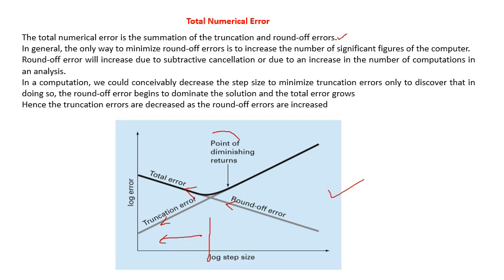So at a very small step size, you may have a very small truncation error but a very large round off error. Okay, and when you increase the step size, the round off error will go down, but at the same time the truncation error will increase. So these are two contradictory objectives, and you need to find a certain point, called the point of diminishing return, where the truncation error and round off error balance each other. That is what is stated in this diagram.